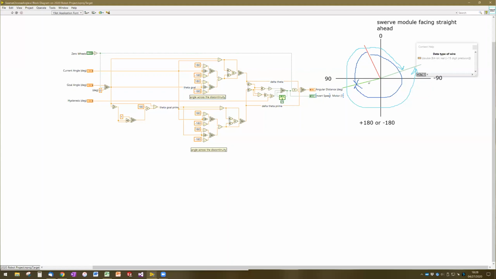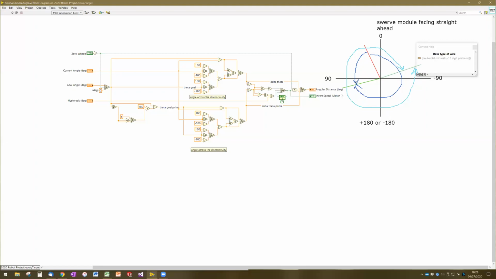So from 90 we go 90, 80, 70, 60, and so on, 10 degrees, 5 degrees, 0 degrees, negative 5 degrees, negative 10 degrees, negative 15 degrees. So this is a smooth transition as we go around the 0.